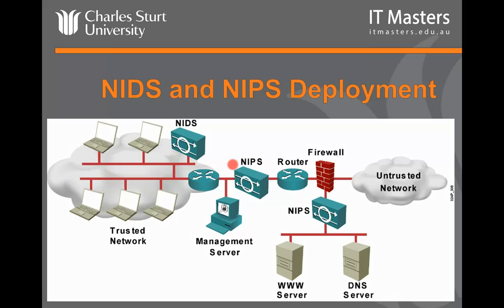If we look at this particular router here, this trusted network could actually be represented by a number of different VLANs going into a layer 3 multi-chassis switch. So you don't want to have an IPS in line with all of that, because it could get rather messy and rather noisy. So you would simply have an IDS on the inside of your network, having a bit of a look around in there and keeping an eye on traffic.